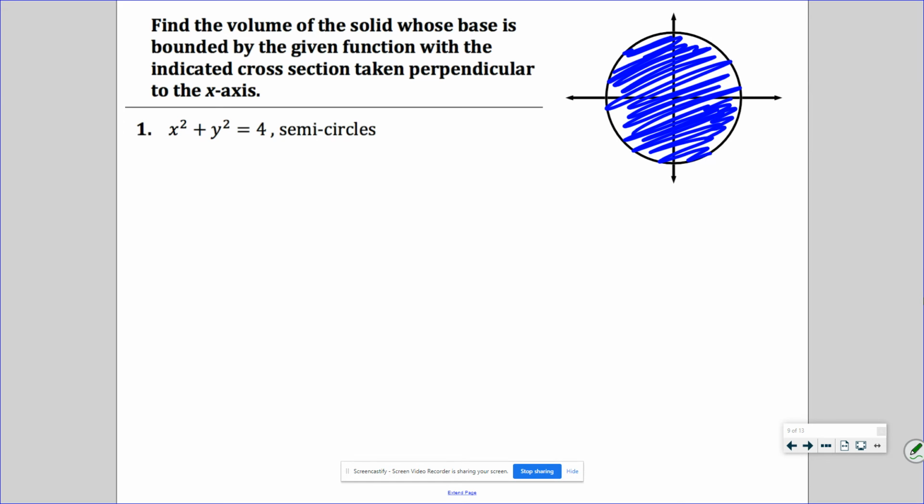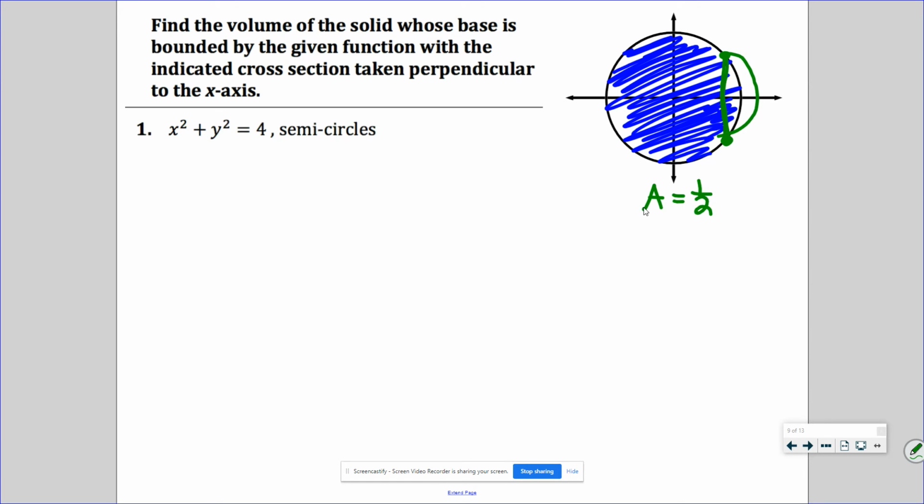We want to draw cross sections perpendicular to the x-axis. So that means each cross section is a straight vertical line, and we're making semicircles out of them.